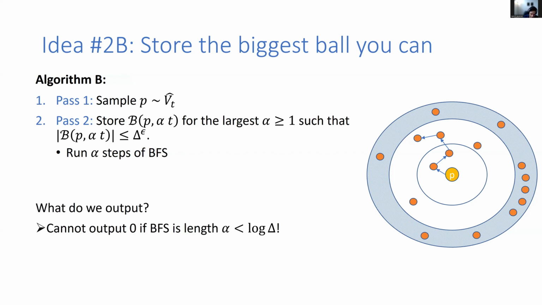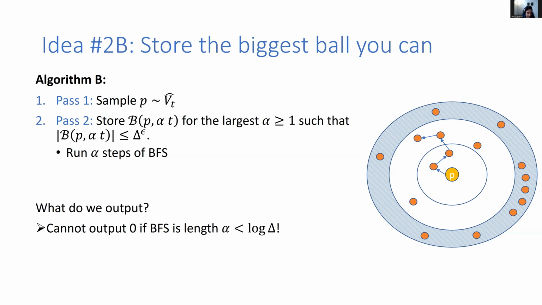Now, the issue is that, as we've seen, it may not always be possible for alpha to be log delta. In some cases, maybe I could only store the ball that would allow me to make 2 steps of a BFS. So the question is, what do we actually output? What is the estimator? A simple idea would be to just output 0 whenever I cannot explore the full connected component in these alpha steps.